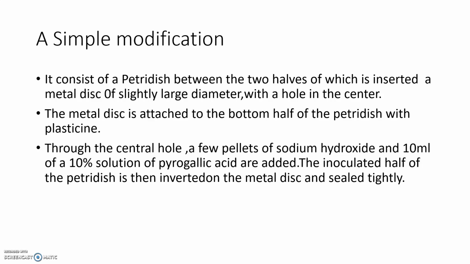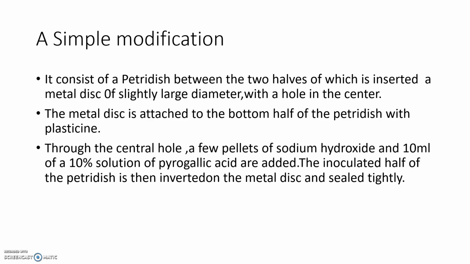Next is a simple modification. It consists of a petri dish, between the two halves of which is inserted a metal disc of slightly larger diameter with a hole in the center. This metal disc is attached to the bottom half with plasticine.